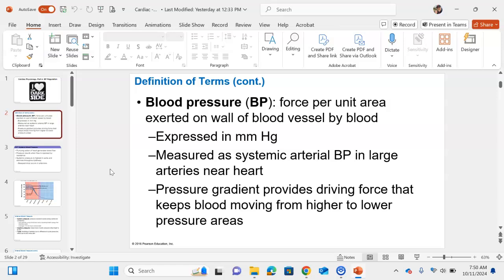That pressure is directly related to the force with which the left ventricle is pumping the blood out. So that's what we would measure as blood pressure, and specifically, like we'll get to, that is the systolic pressure.